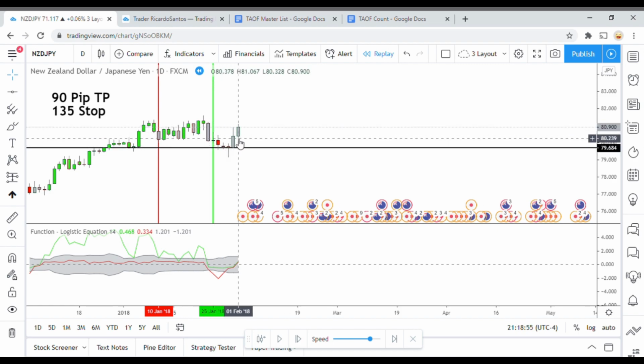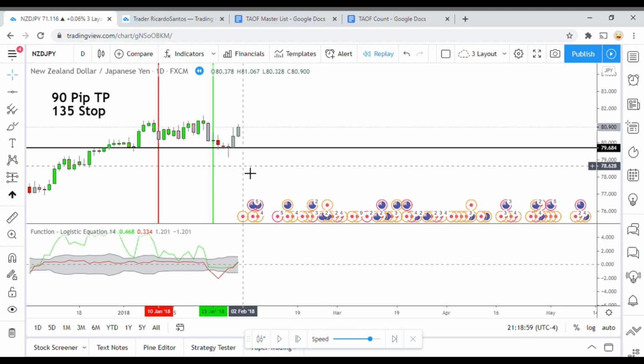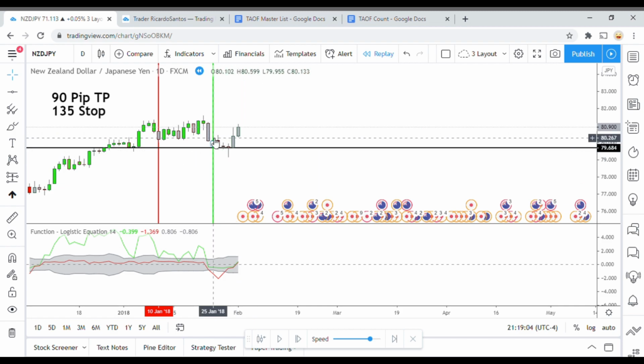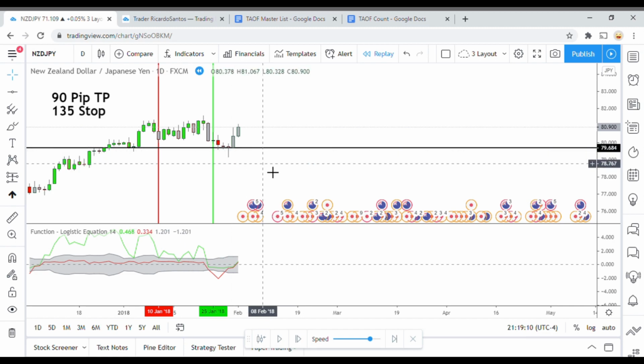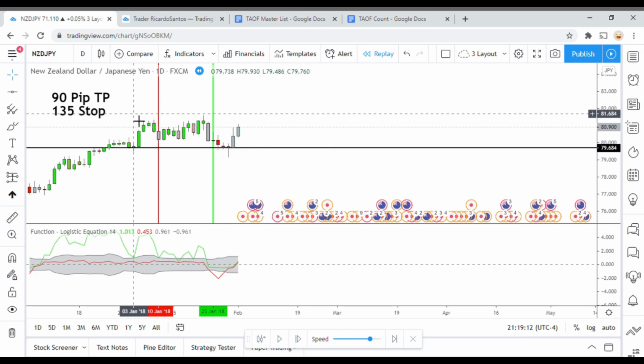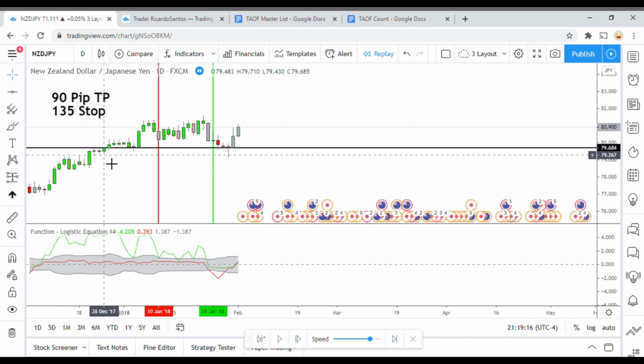There's no clear signal. Obviously, we see that it rejected this area, but again, we need clear signals when it comes to price action. It's not just enough to say, well, here's this one candle with a long wick and it rejected this zone. I mean, that's great, but that happens all the time.